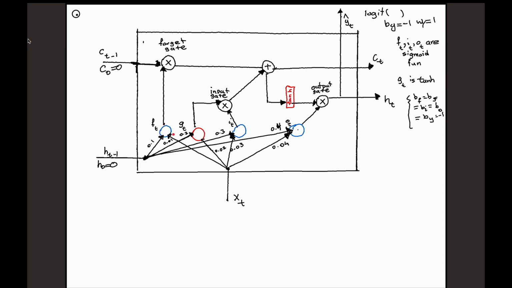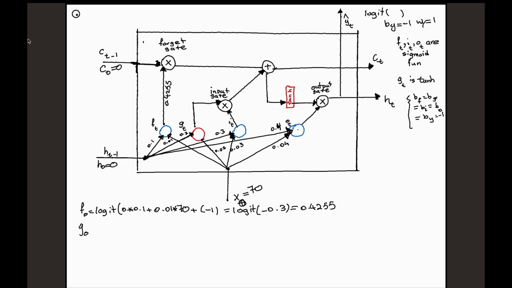Whenever I'm using blue, we are using the logistic regression model. Logit function at the very first step. So F of 0 would be logit of 0 times 0.1 plus 70 times 0.01 plus its bias, which is -1. We said that all the biases are -1. So that will be logit of -0.3, and that will be 0.4255. So here you have 0.4255.